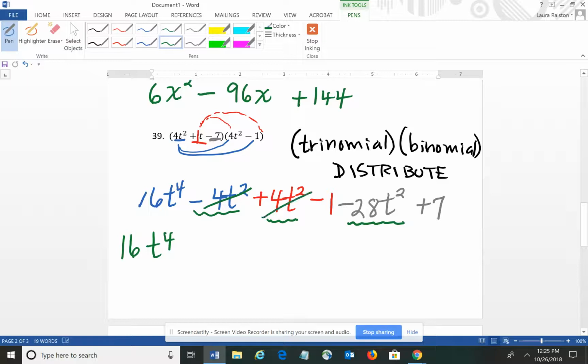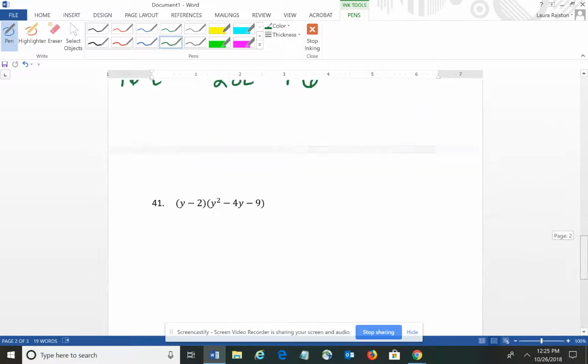Minus 4 plus 4, that's 0. So I have minus 28t squared. And then combining the constants, I have negative 1 and 7. So minus 1 plus 7 is plus 6. Okay, so your final answer is 16t to the fourth minus 28t squared plus 6.